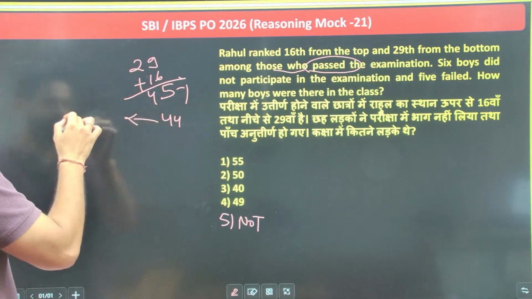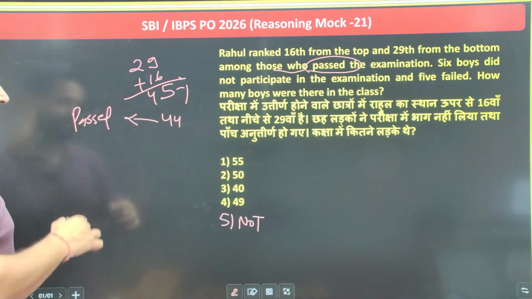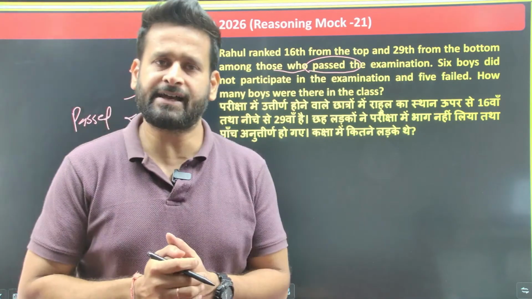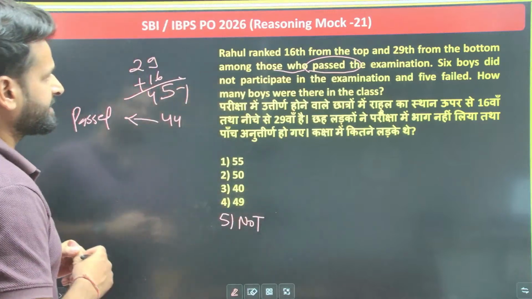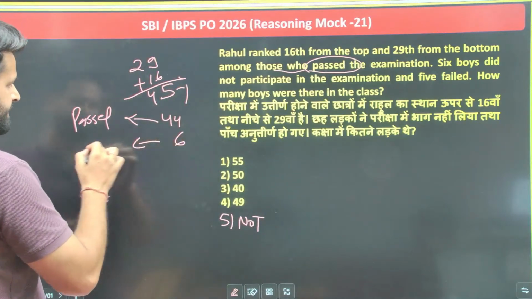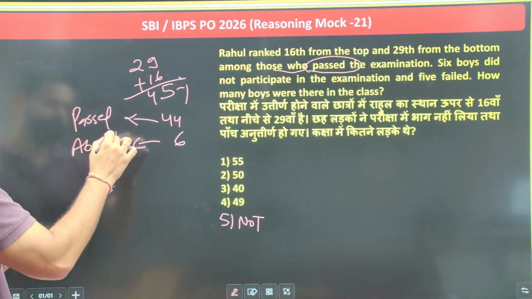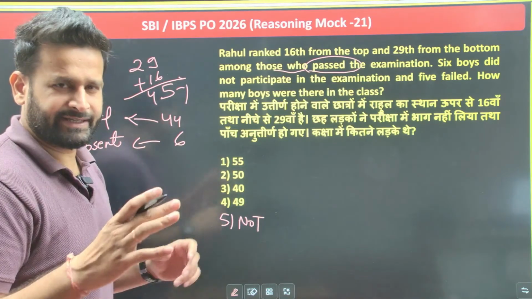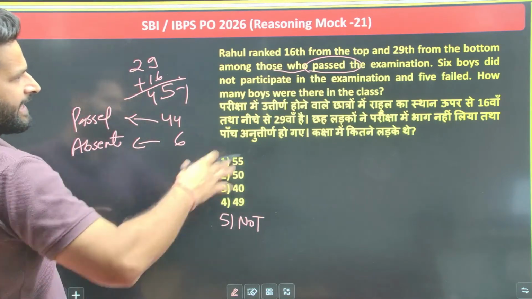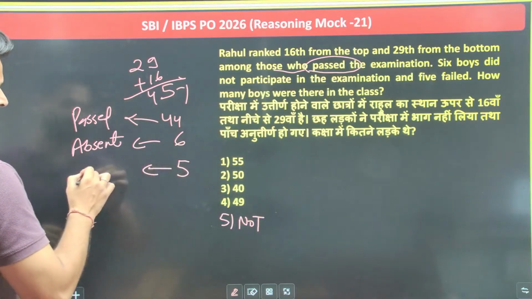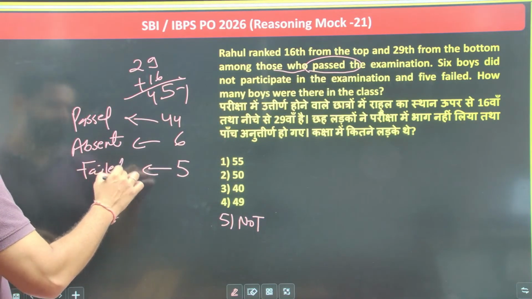So this 44 is the number of students who passed the examination. 6 boys did not participate, absent. The reason can be anything, but they didn't take part in the examination. And 5 have failed.